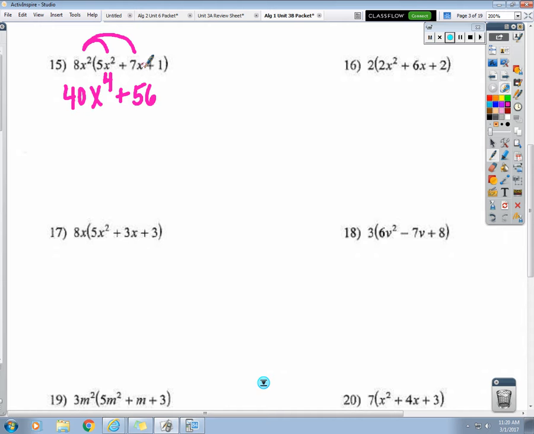And what's the x squared times the x to the first? X cubed, right. And then you do the 8x squared times 1. So 8x squared. And then you can't combine them because even though they're all x's, they're different types of x's. This one's x to the fourth, x to the third, x to the second. So you can't combine them. All right, number 17.